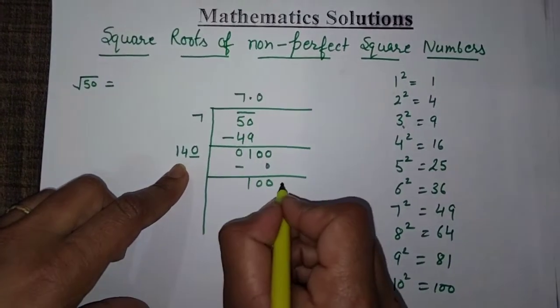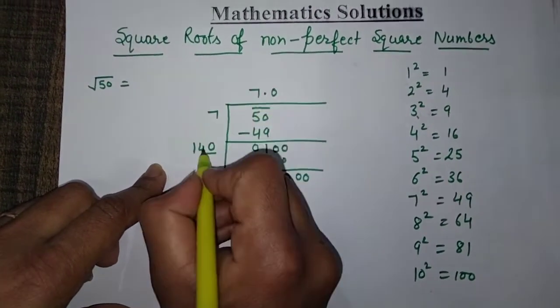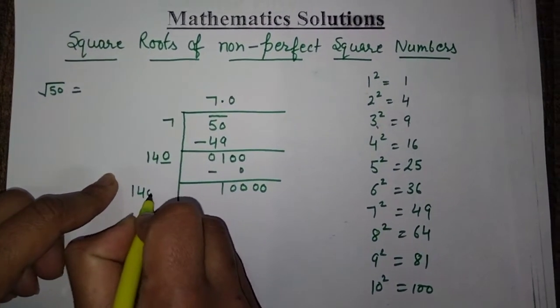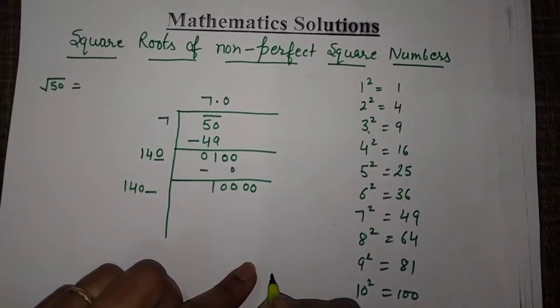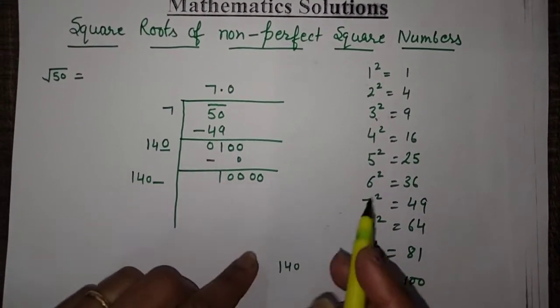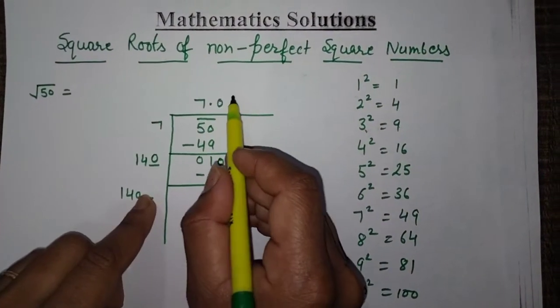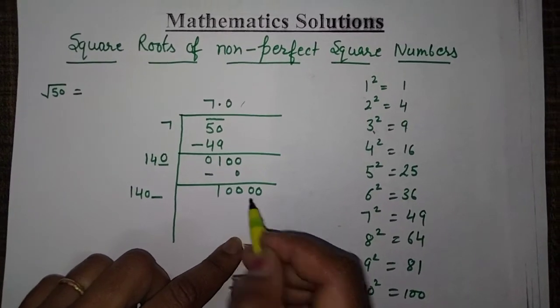Again for this decimal, bring down a couple of zeros. Now add the last digit of the quotient to this number and write it here. Put the blank here. Now let us find the number such that when we multiply it with the number we write here and also with this one, the answer is equal to or less than this number.